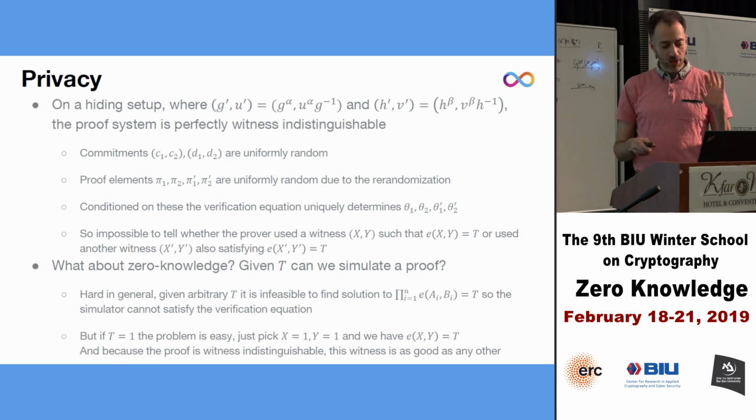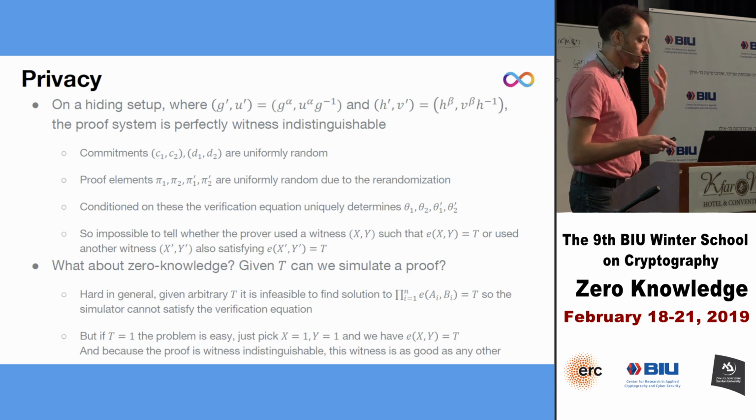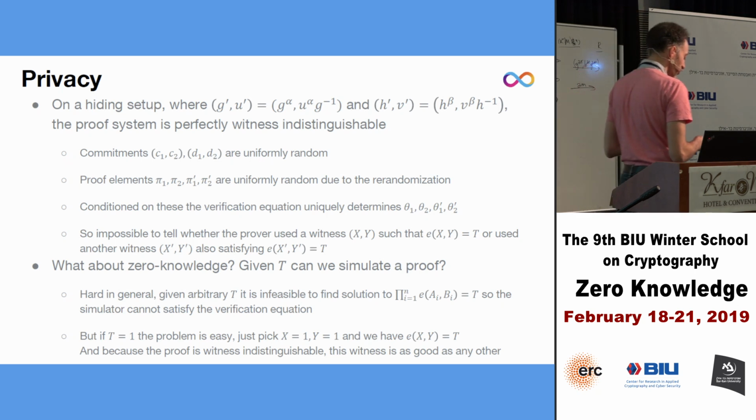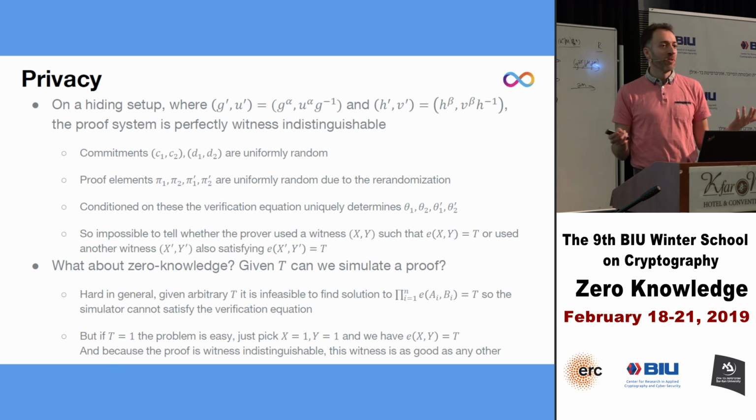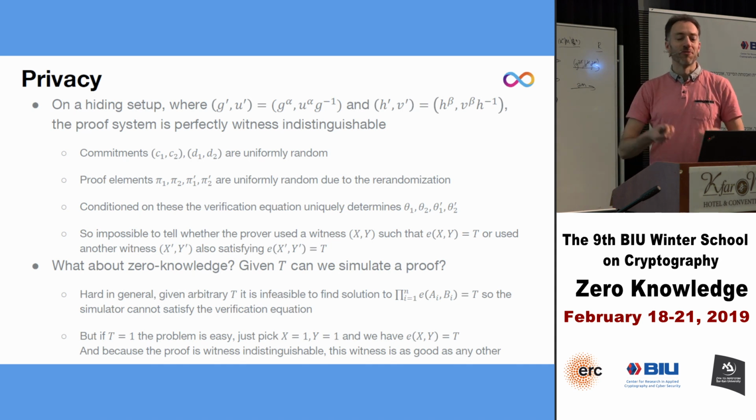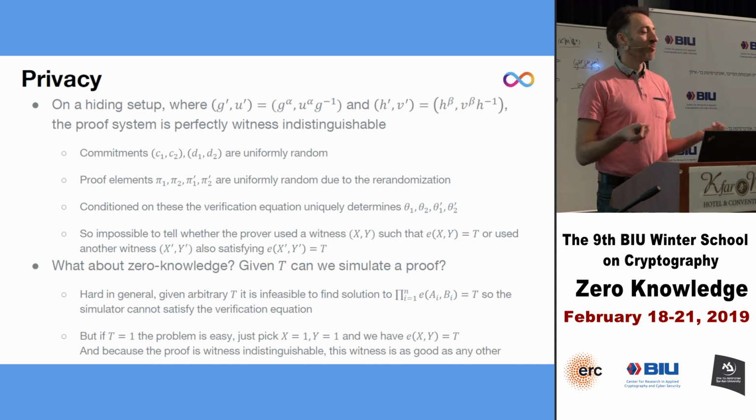Okay, so let's think a little about why this is perfectly witness indistinguishable. So regardless of which witness the prover has, remember the commitments, they're going to be uniformly random now, right? So certainly the commitments carry no information to the verifier about which witness was used.